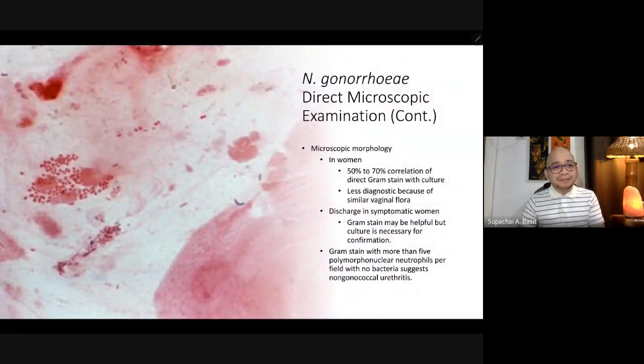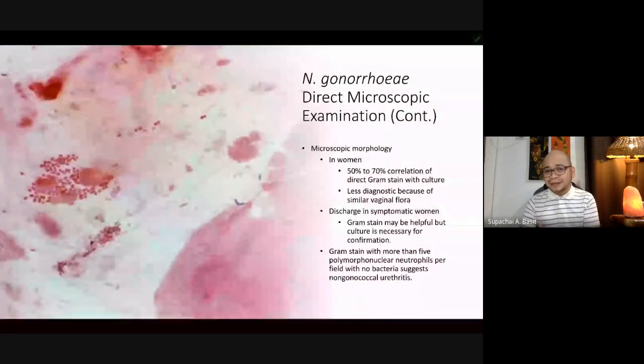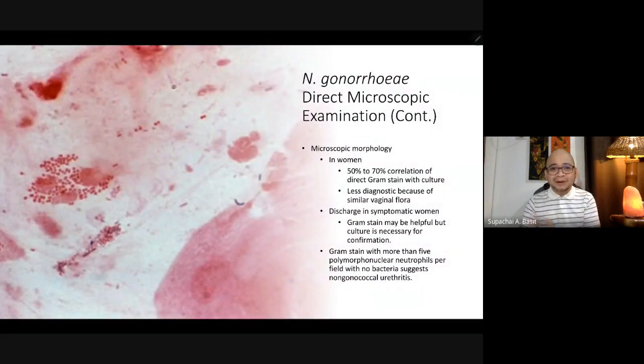In women, there is a 50 to 70% correlation of direct gram stain with culture. So we do not usually advocate performing gram stain in women because it is less diagnostic, because women would also have vaginal flora of similar morphology. So for women, having gram-negative diplococci is not diagnostic, but for males, it is diagnostic.